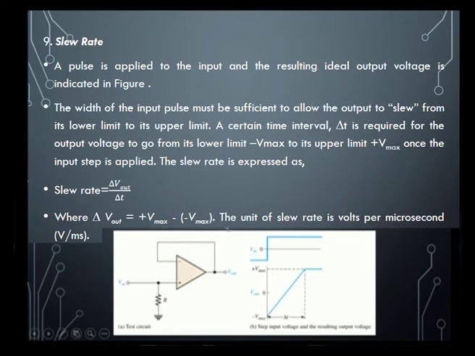The unit of slew rate is volts per microsecond. Delta V out can be found through this test circuit, and the slew rate too. So, delta V out by delta t gives the slew rate of an op amp.